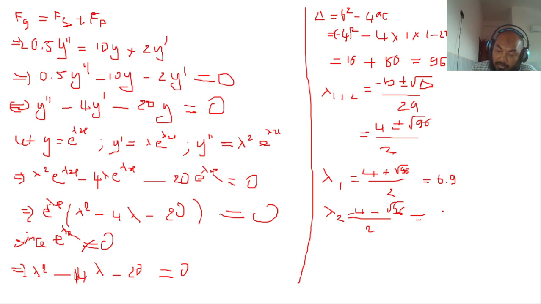Lambda 2 is equal to minus 2.9. Yeah, 2.9.